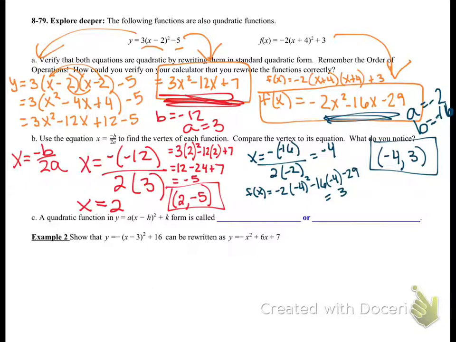What do we notice? What's the link between the original form and the vertex for this guy? And what's the link between this original form and this vertex? What you should notice is that the x value of your vertex shows up right here and right here, and the y value of your vertex is right here and right here.